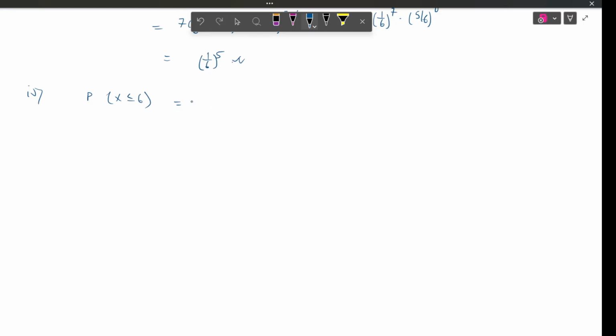But we can write it as 1 minus P of X greater than 6. Right. So greater than 6 means we have only one value, that is 7. So P of X equals 7. So it will be 1 minus 7C7, 1 by 6 to the power 7 and 5 by 6 to the power 0. So it would be 1 minus 1 by 6 to the power 7. This is the answer.